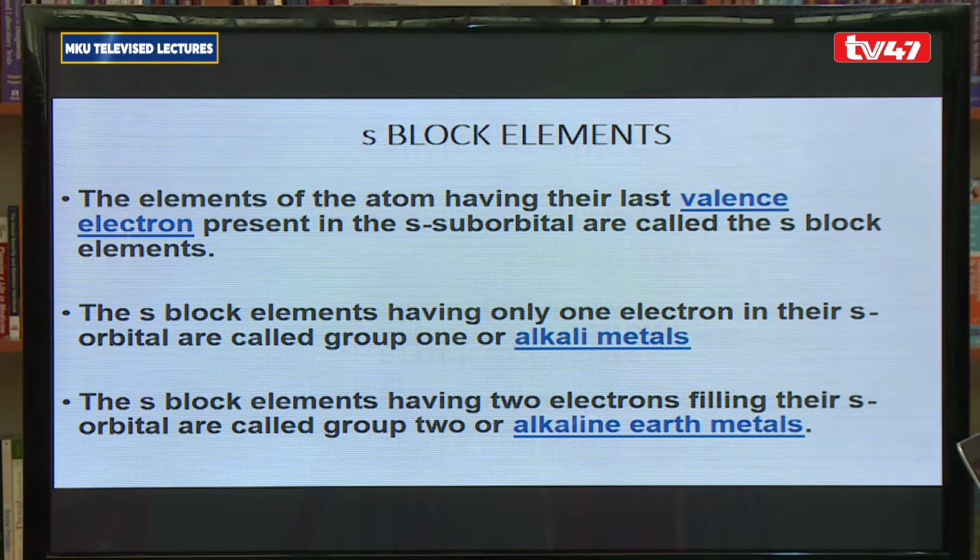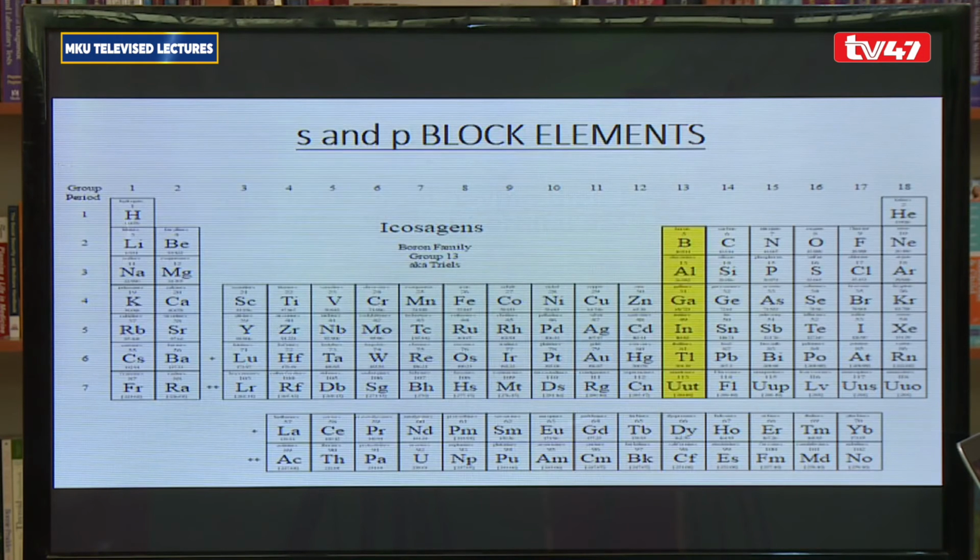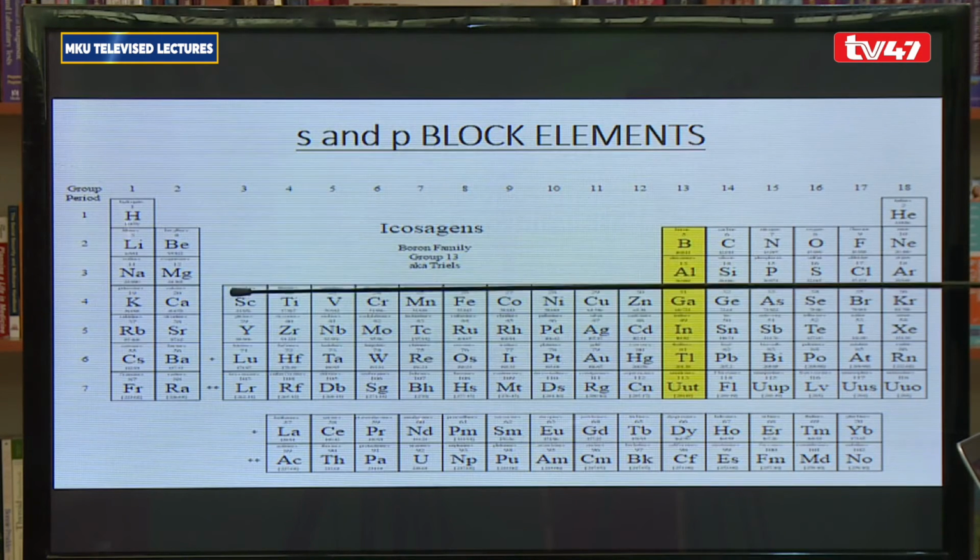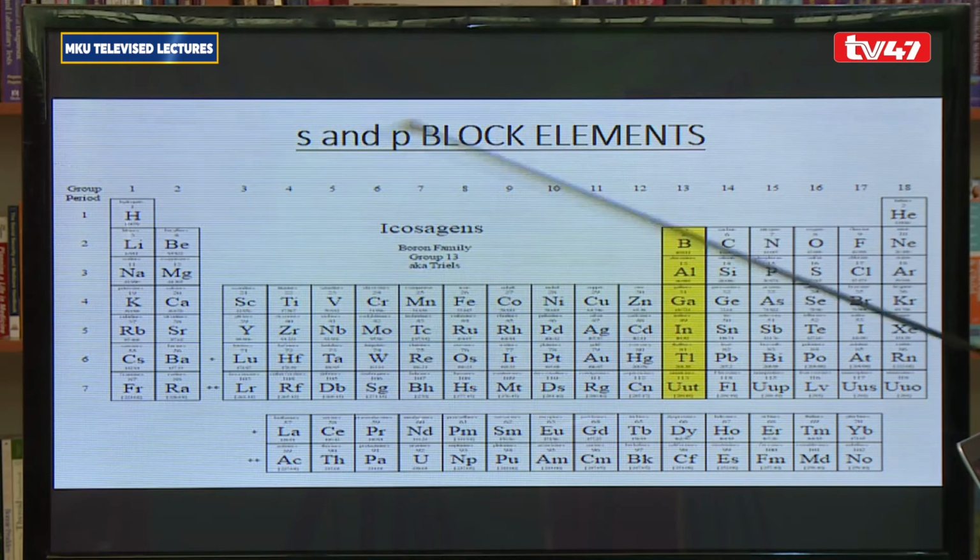The alkali metals have only one electron in the valence orbital, while the alkaline earth metals have 2 electrons in the valence S orbital. The alkali metals are the first elements in every period. If you go to period 2, lithium is the first element. If you go to period 4, potassium is the first element.